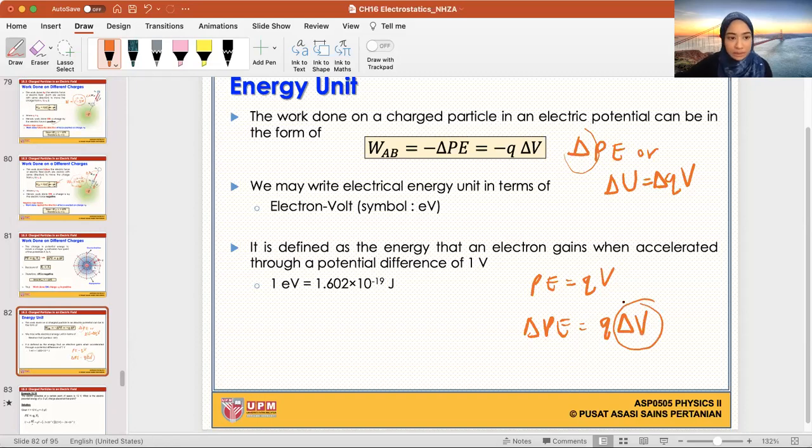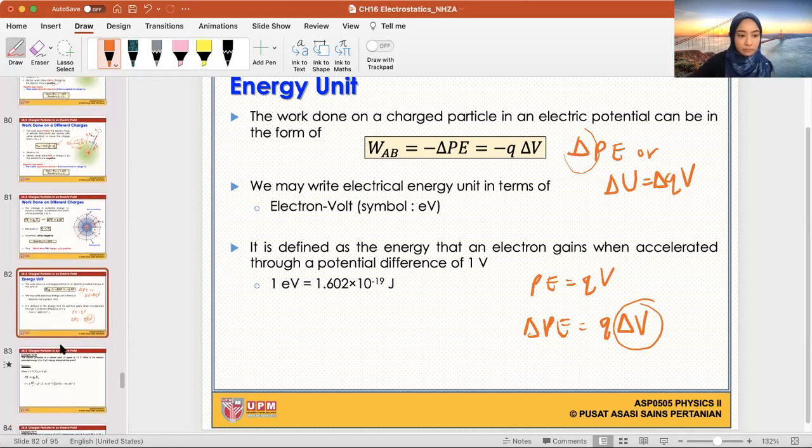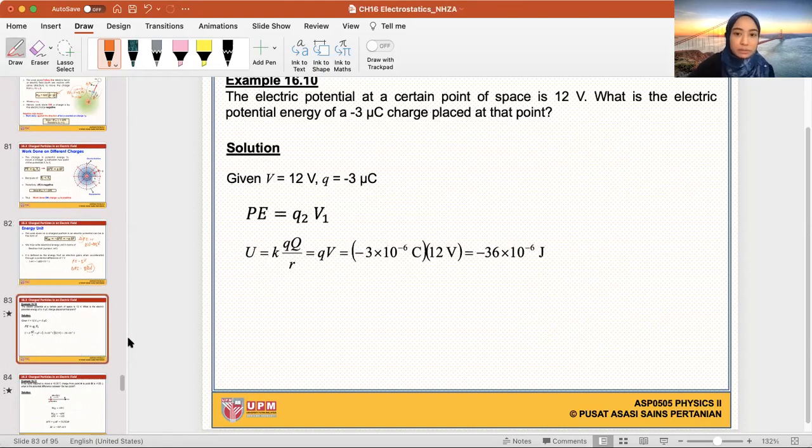Remember, if there is a delta, your right hand side should always have a delta as well. Otherwise, mathematically it is wrong. Physics wise is also wrong. So actually physics is like math in disguise a little bit. Okay, I don't like math either, but we have to deal with it.